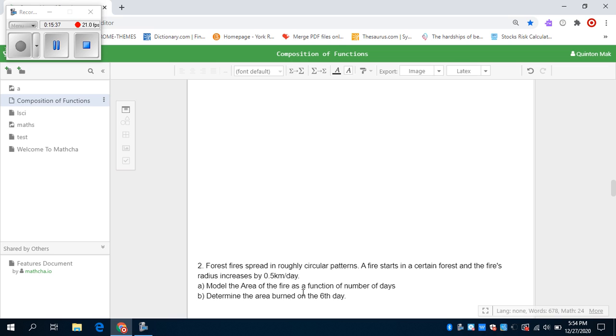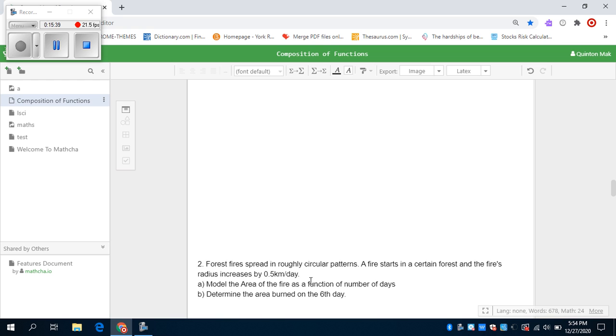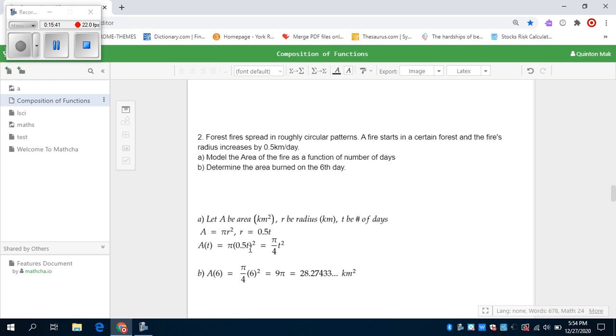So first we let A represent area in kilometers squared, R represent radius in kilometers, and T is the number of days. So A, we know that the fire's in circular pattern, so the area is the area of a circle, pi r squared. And R equals 0.5 T, 0.5 kilometers per day.